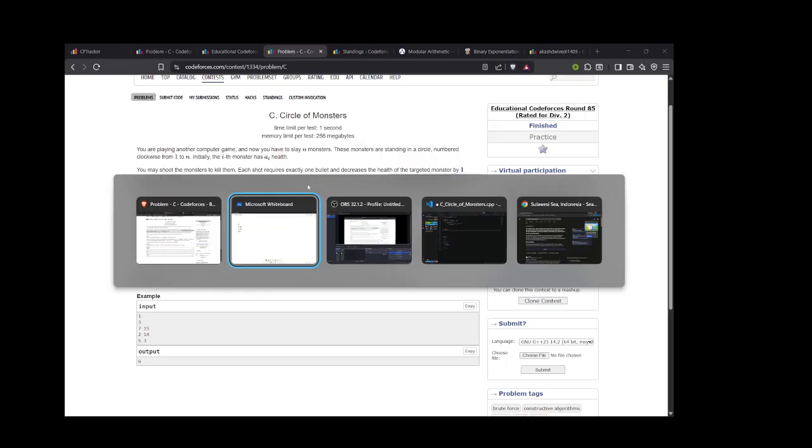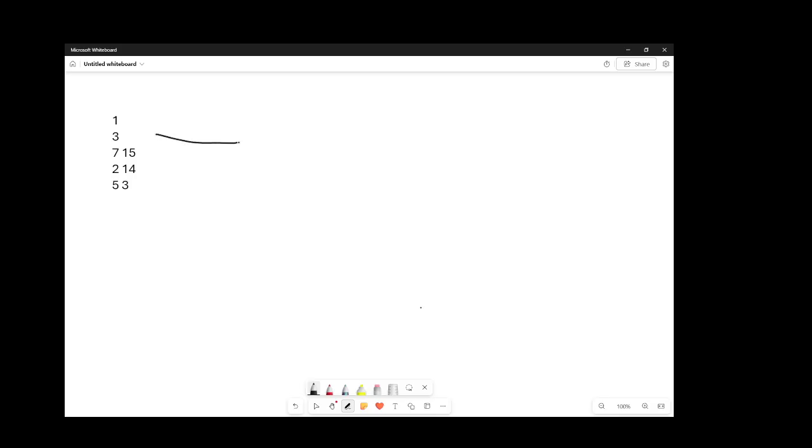So we'll try to use that very optimally, because we want the minimum number of bullets to be fired.